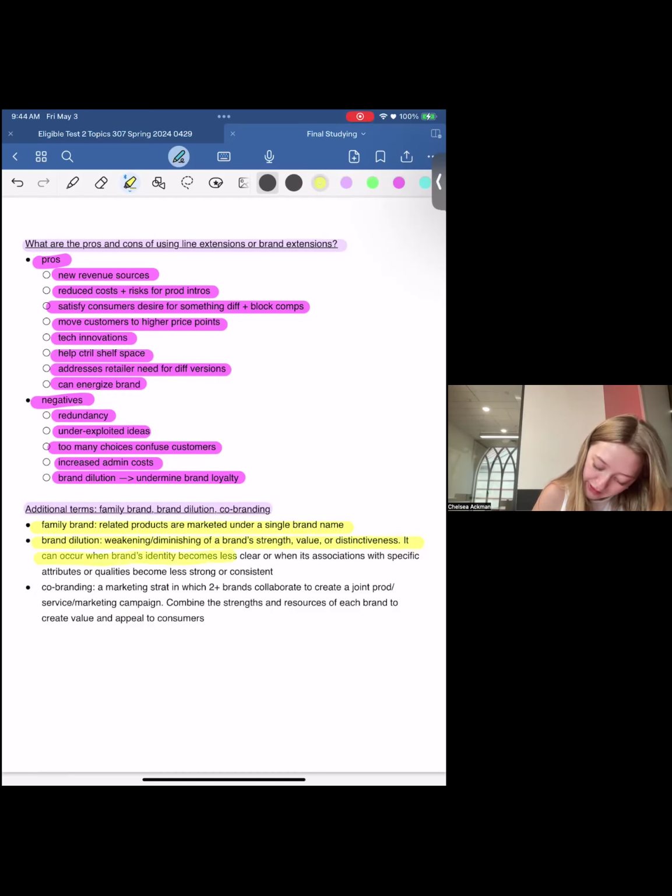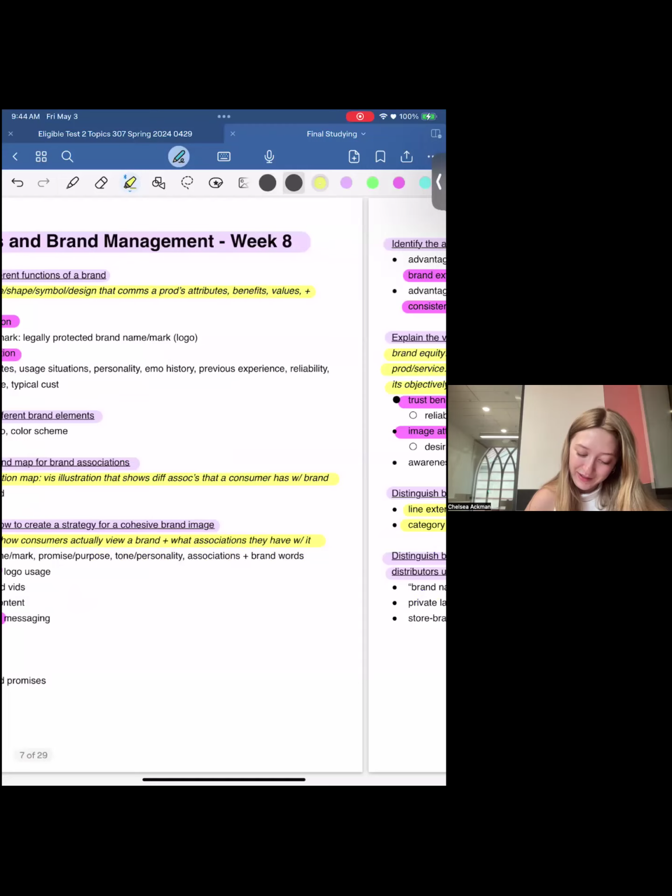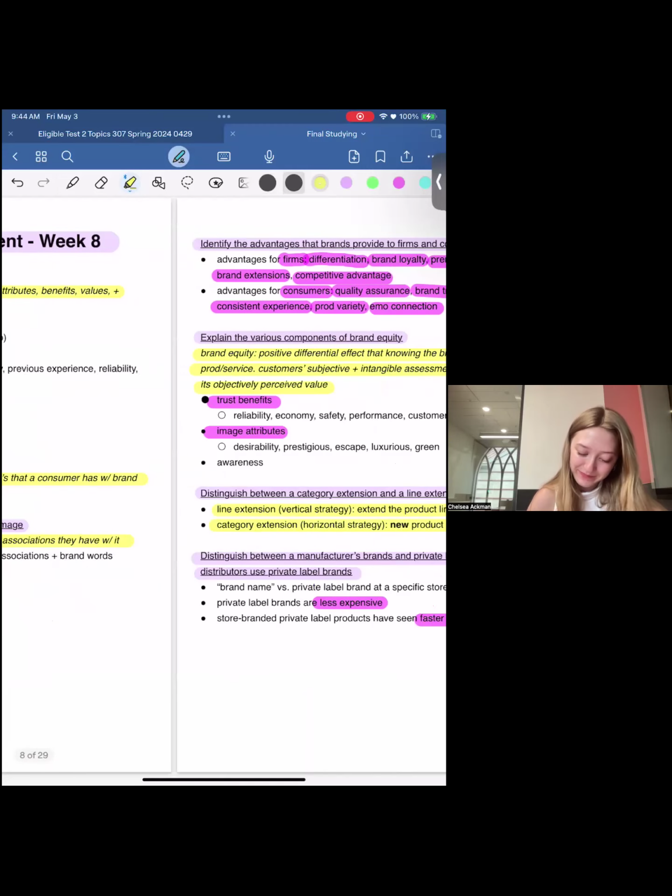It can occur when a brand's identity becomes less clear or when its associations with specific attributes or qualities become less strong or consistent. And then co-branding is a marketing strategy in which two or more brands collaborate to create a joint product, service, or marketing campaign that combines the strengths and resources of each brand to create value and appeal to consumers. So that was brands and brand management.